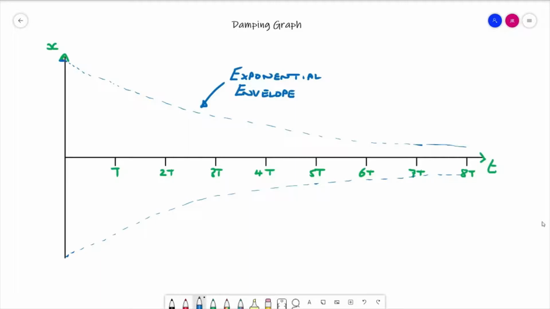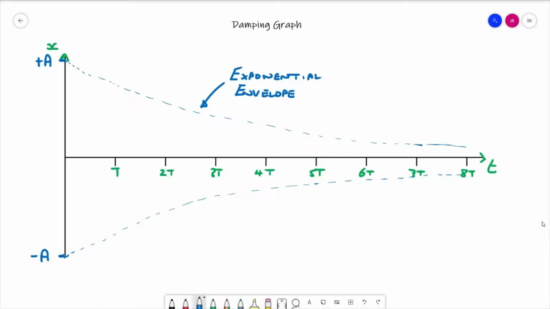This, of course, is our positive amplitude position and negative amplitude position. So when we have the effect of damping, the amplitude, the maximum displacement that we get from the equilibrium position, will decay exponentially, as we saw back on the last slide.